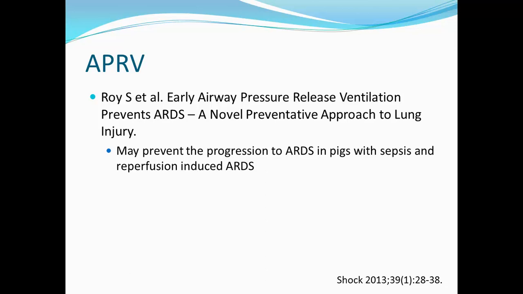Some people are very excited about this article. However, I think we need to be a little careful. It's a very small N. It's in pigs. We're not real sure if that same information translates to humans.